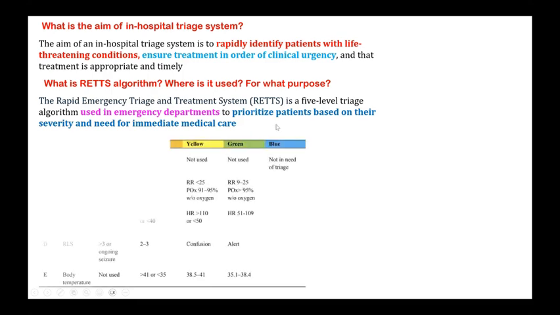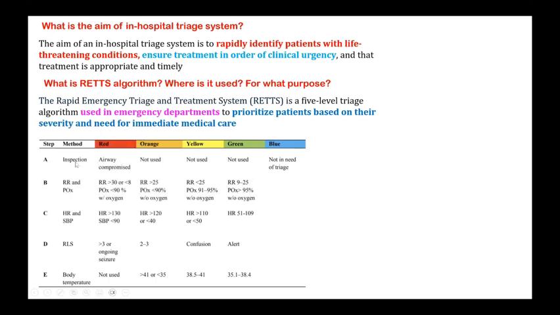The RETTS algorithm is used inside the hospital, in the emergency department, to prioritize the patient on their severity and immediate life-threatening condition. And here are the 5 things that you have to take into account: one is inspection of the patient for airway compromise, second is respiratory rate and saturation, third is heart rate and systolic BP, and then reactive lifespan and body temperature.